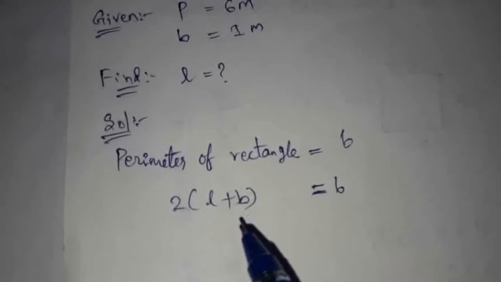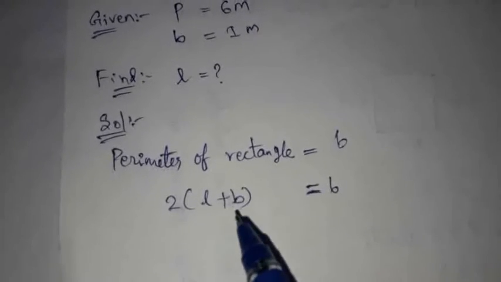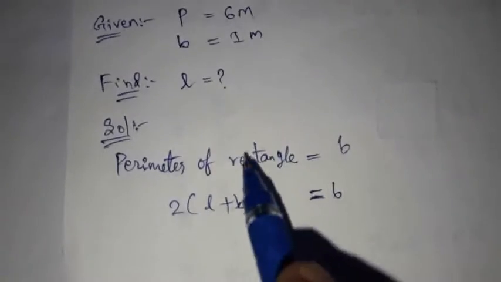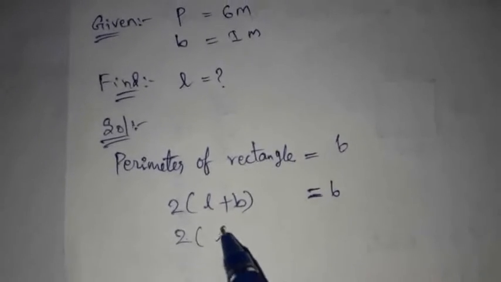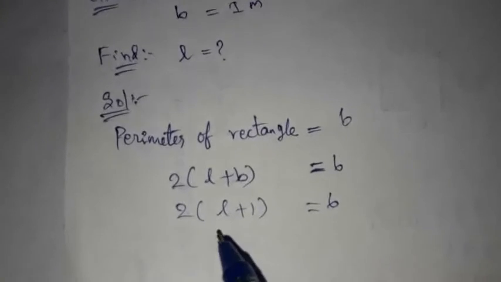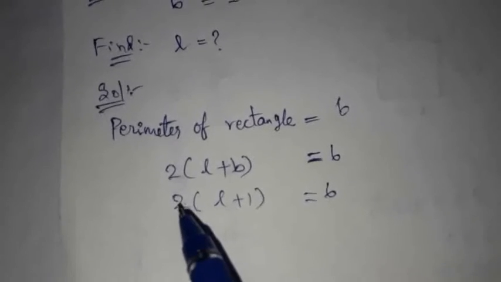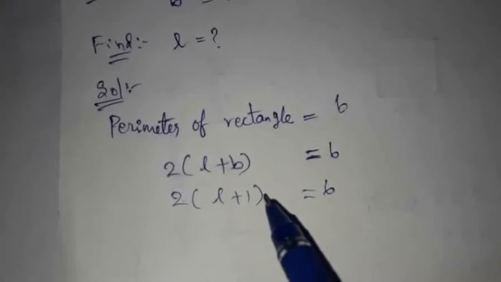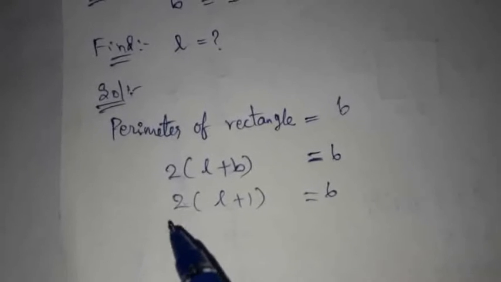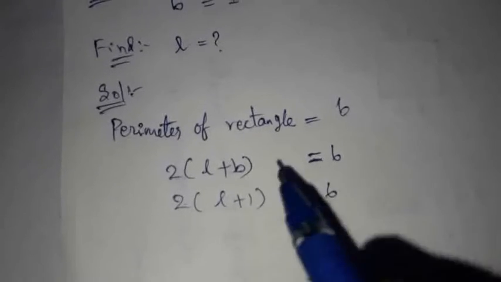In the second step, you have to substitute the given values. Breadth B equal to 1 meter. 2 into L plus 1 equal to 6. Let us see. 2 and L plus 1 are in multiplication. So, you have to transpose this 2 to the right side.